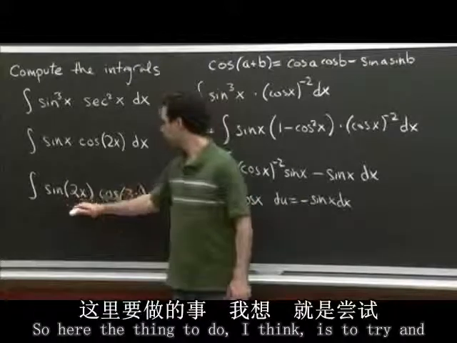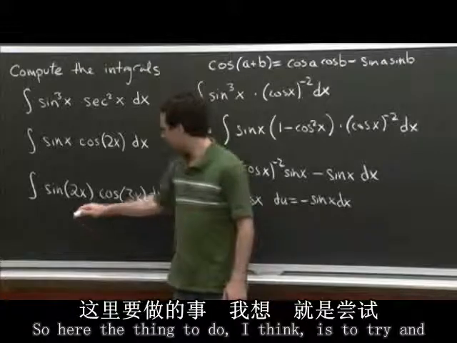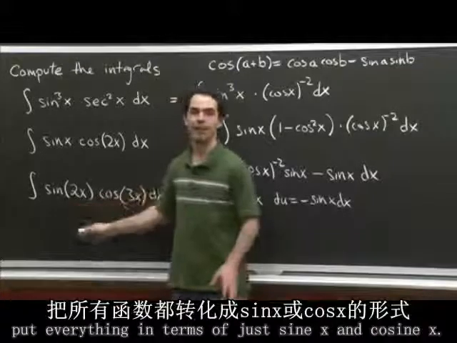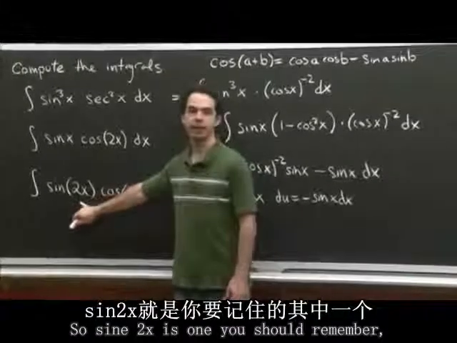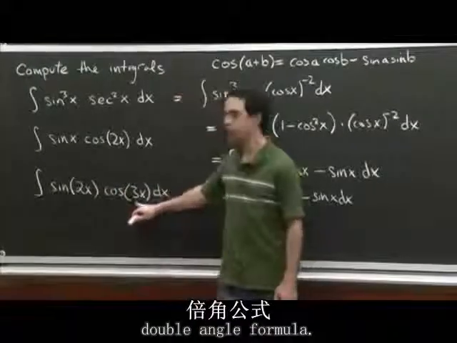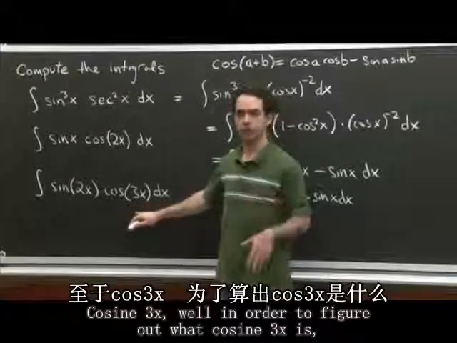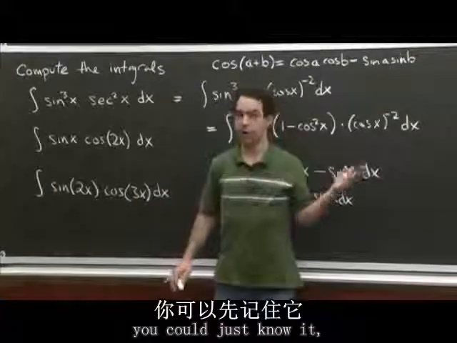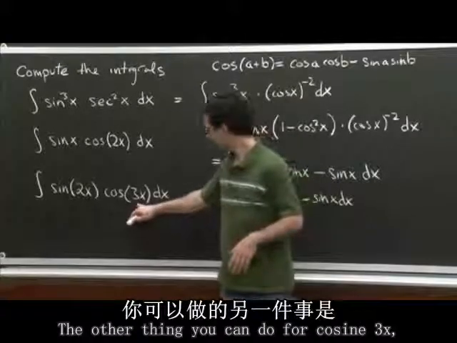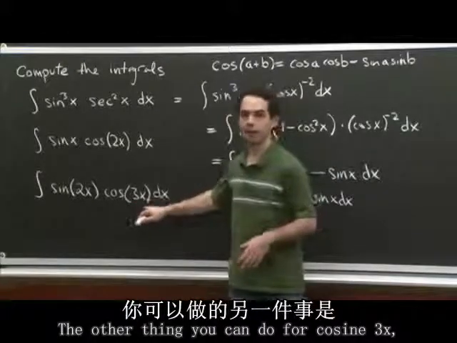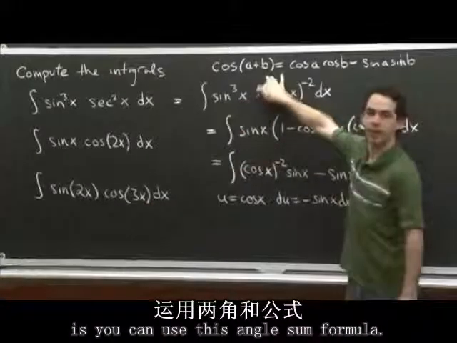So here, the thing to do is to put everything in terms of just sine x and cosine x. Sine 2x is one you should remember, the double angle formula. Cosine 3x, you could just know it, maybe you learned it once upon a time. The other thing you can do is use the angle sum formula.